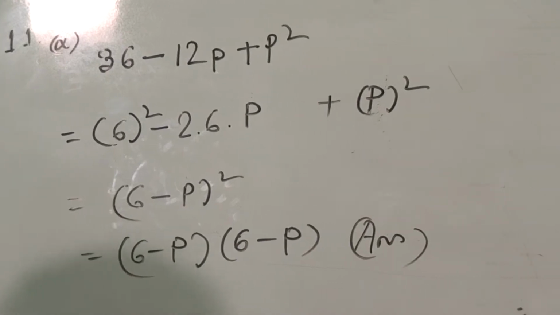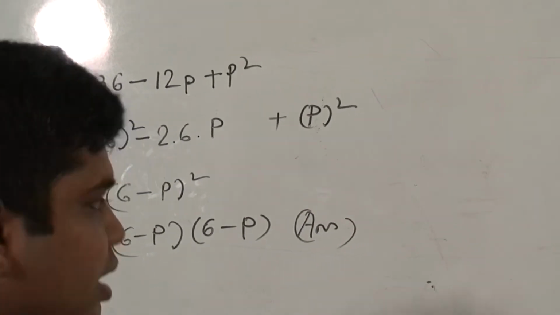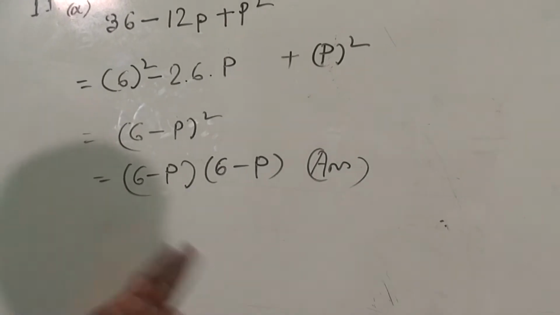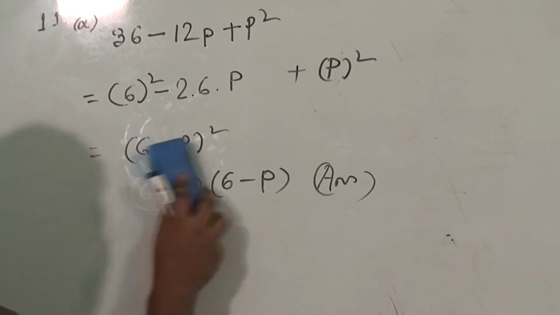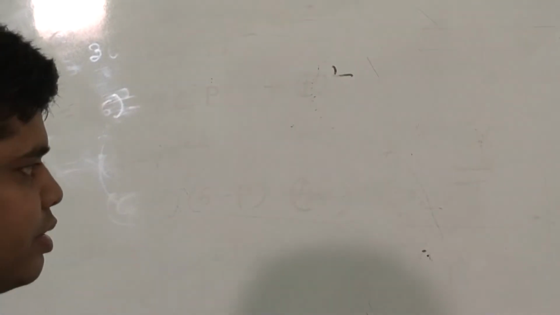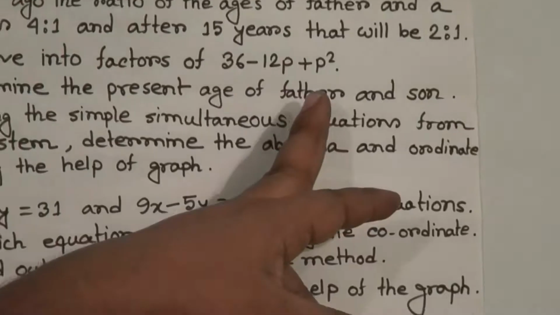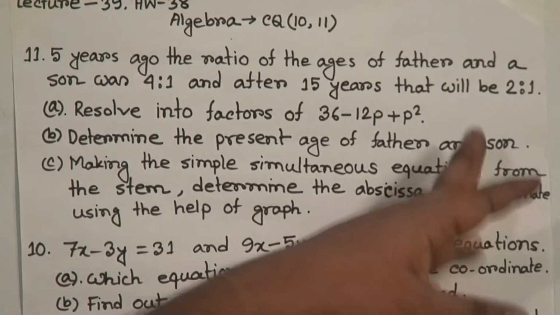Next we shall solve question number B. Before starting to solve this question, we read the question again. To solve this, I erase question number A. Dear students, notice. Determine the present age of father and son. This is totally unknown.